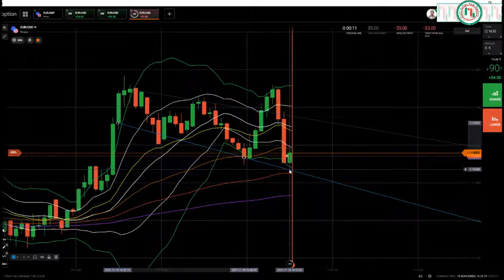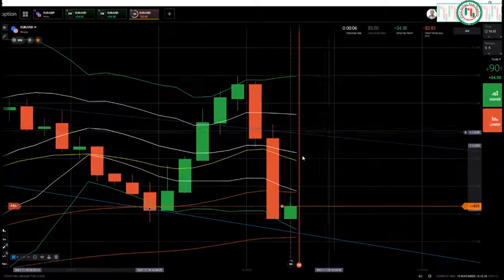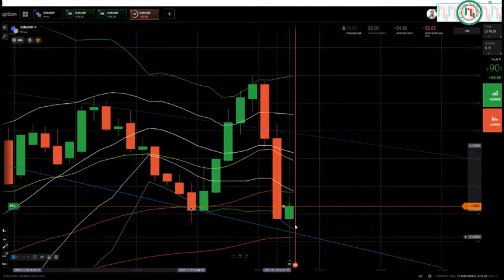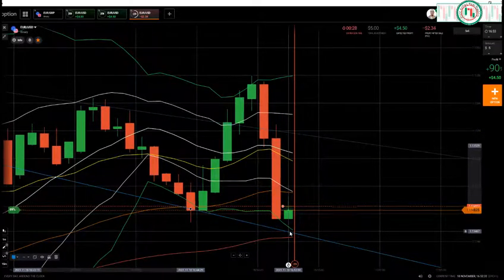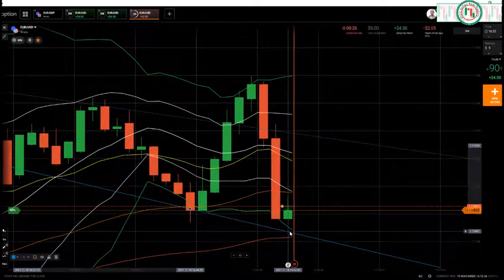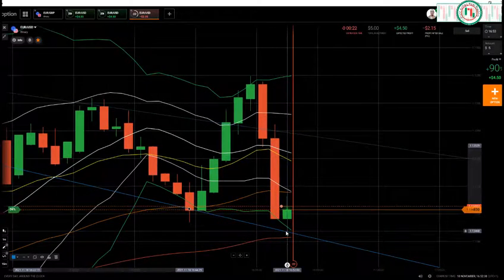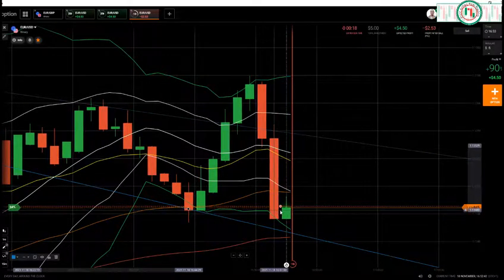This is the next level here. This is the level, so I know definitely it will close below my entry point. Here is the next level, so I know the market will not reverse from here.